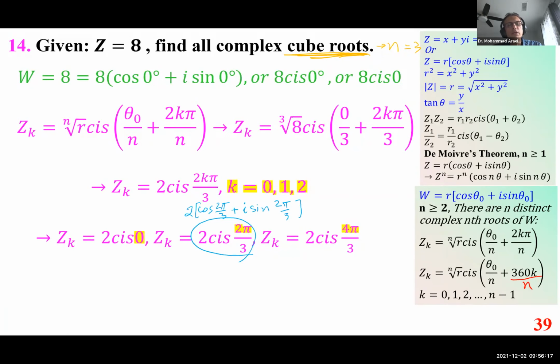And for 2 pi over 3, the cosine and sine are the same as pi over 3, but in the second quadrant, cosine is negative, sine is positive. So the same as pi over 3, cosine is 1/2. Let's just write that.